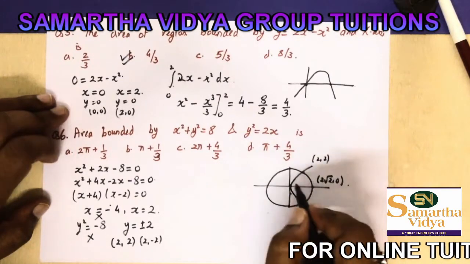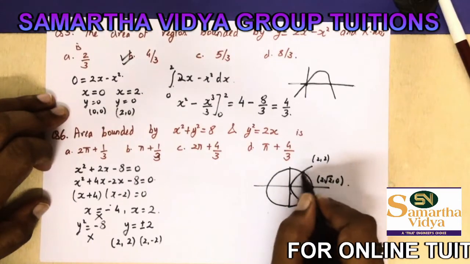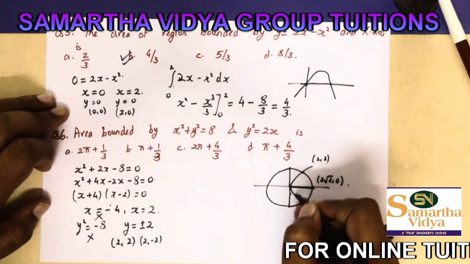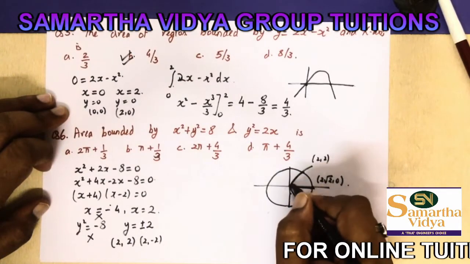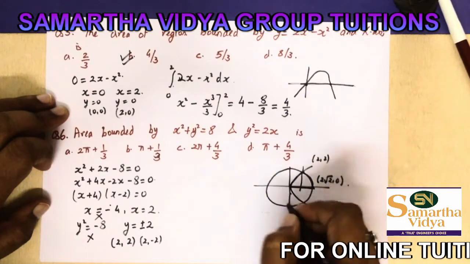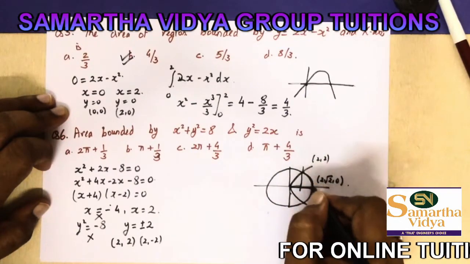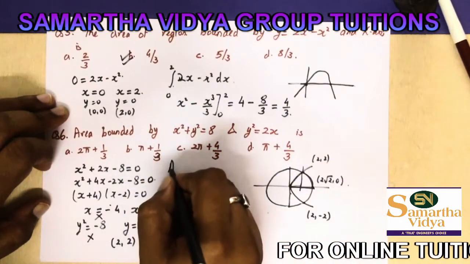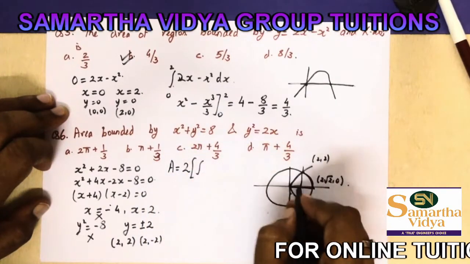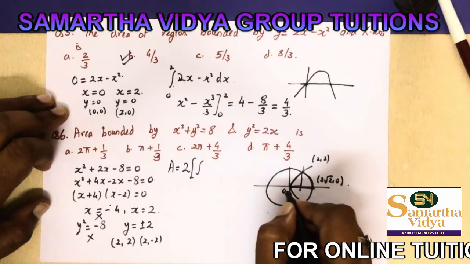I need to find the area between this. You can see that if I split this into half, it's symmetrical. So we just need to find this particular portion. The area is going to be twice the integration from this point, that is 0 comma 0.